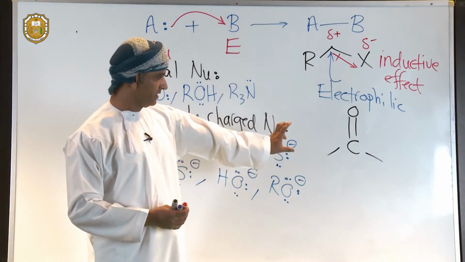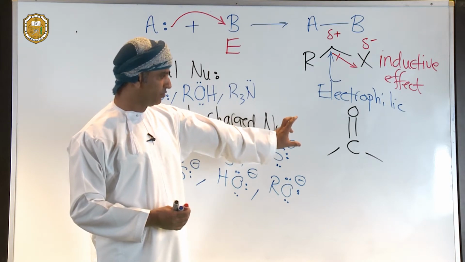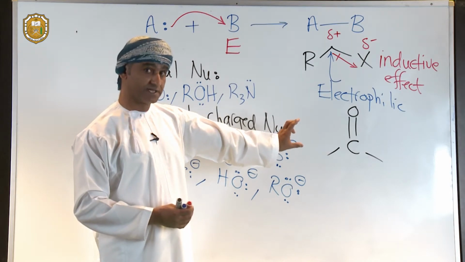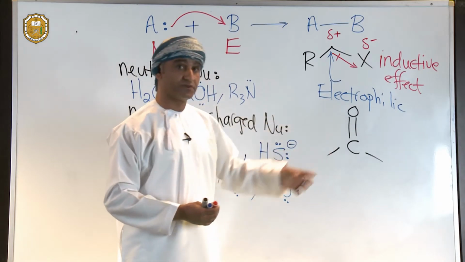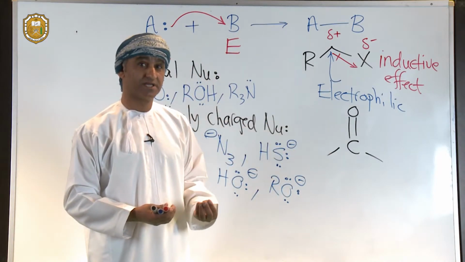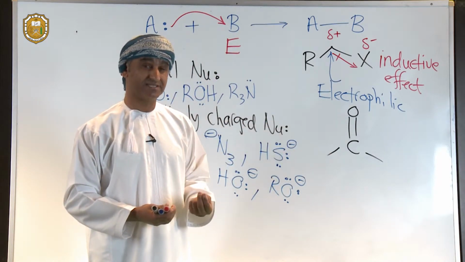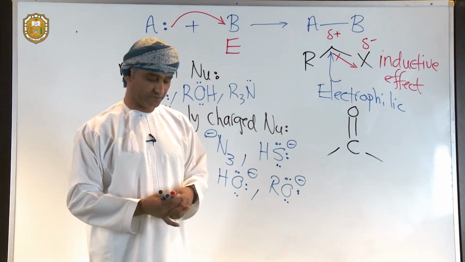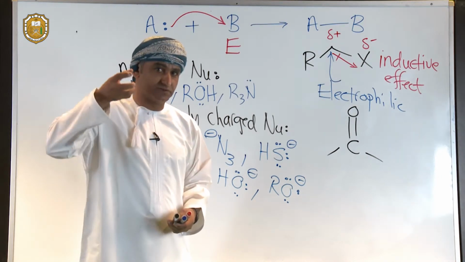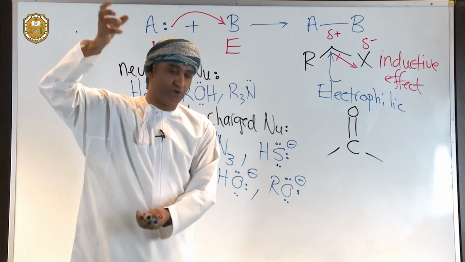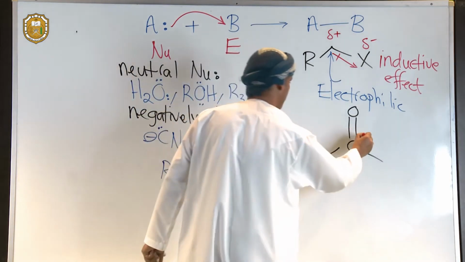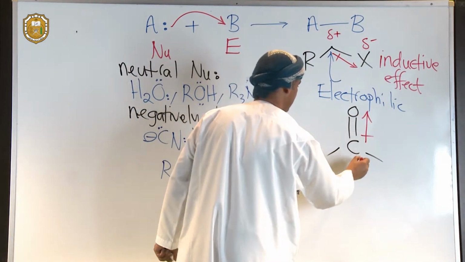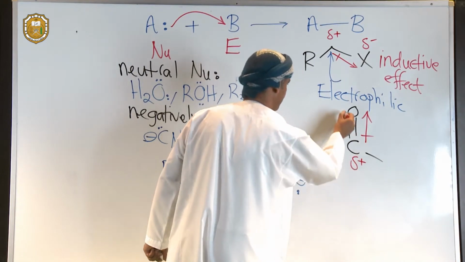Well, in the carbonyl group, there is a double bond between carbon and oxygen. So there is a double bond between these two atoms, but oxygen is more electronegative than carbon. So oxygen pulls electrons toward itself in this C-O bond. This can be represented by the conventional arrow or by the delta notation, something like that.